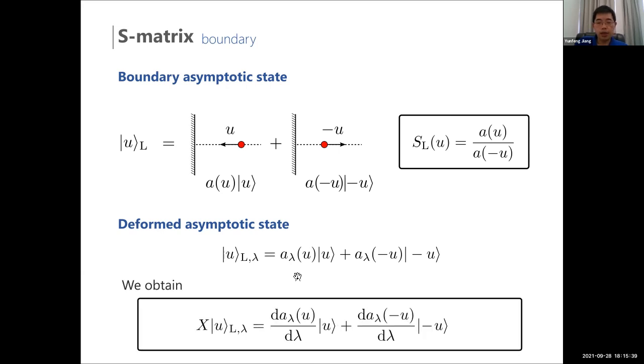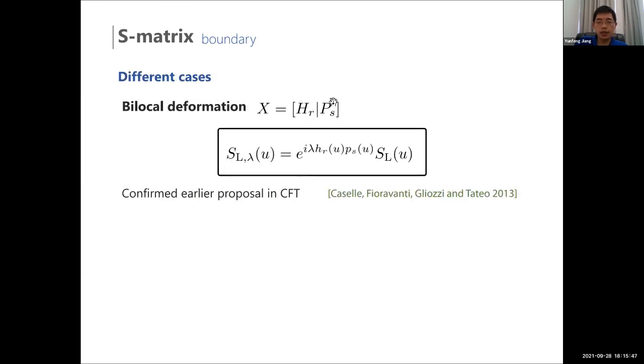After some manipulation, we have this equation. Then we can write down the differential equation for A lambda, and we obtain the deformed boundary S matrix. So the result is, again, the boundary S matrix times some phase factor. And if you take R equals S, this again looks like a CDD factor.